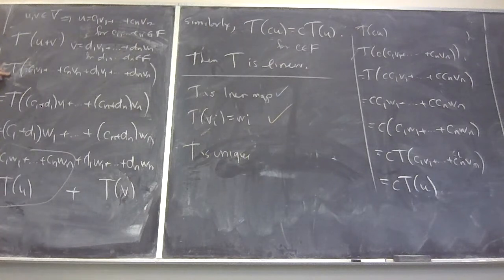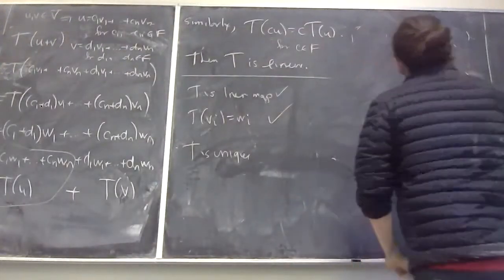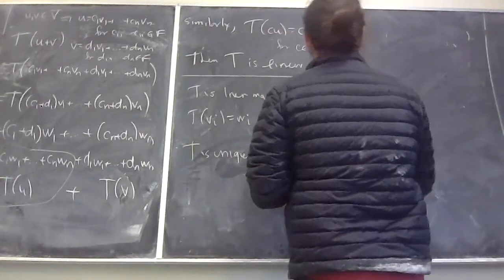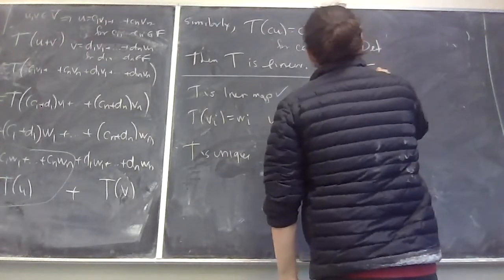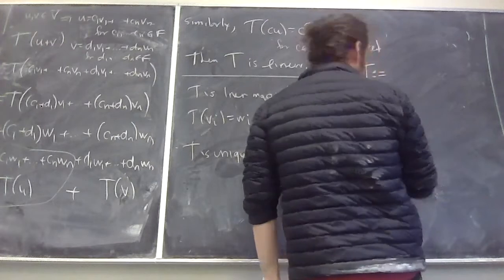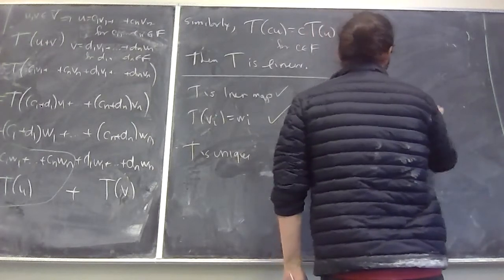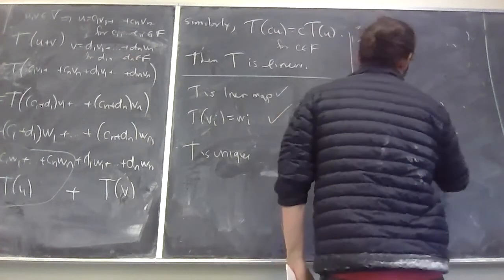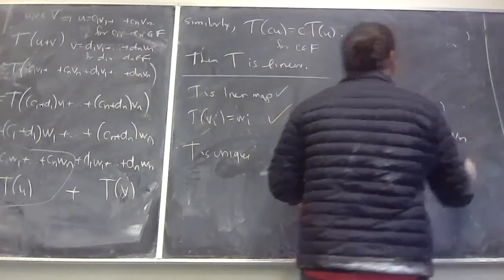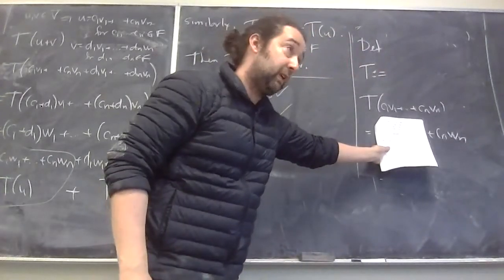Remember, we defined T to be the operator, so I have to do the expansion, because I made a definition where I said T is defined to be the operator that takes c1 v1 up to cn vn and spits out c1 w1 up to cn wn. That's the definition of T. T doesn't know what to do if I don't have an expanded vector.